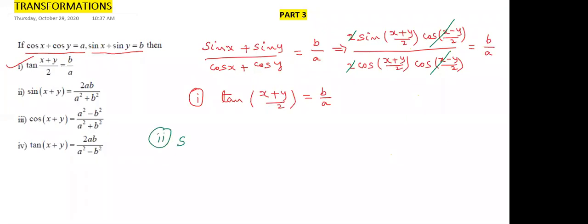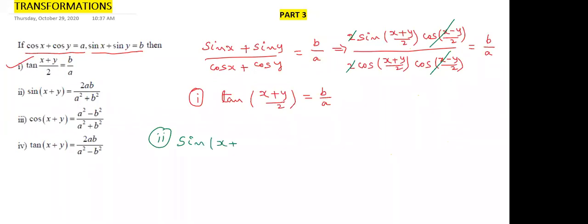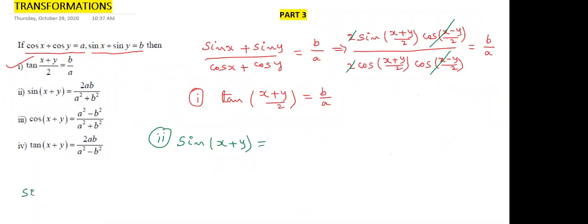How to do the second one? Sin of (x plus y). This is in the form of sin theta. What is the sin theta formula in terms of tan? That is 2 tan (theta by 2) divided by 1 plus tan square (theta by 2). So use this formula.